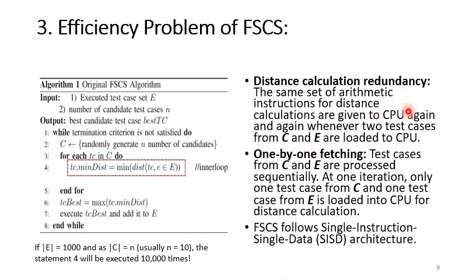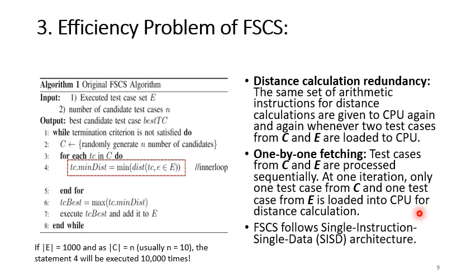One is the distance calculation redundancy, which means that the same set of arithmetic instructions for distance calculation are given to the CPU again and again whenever two test cases from C and E are loaded to the CPU. By one-by-one fetching, we mean that test cases from C and E are processed sequentially.